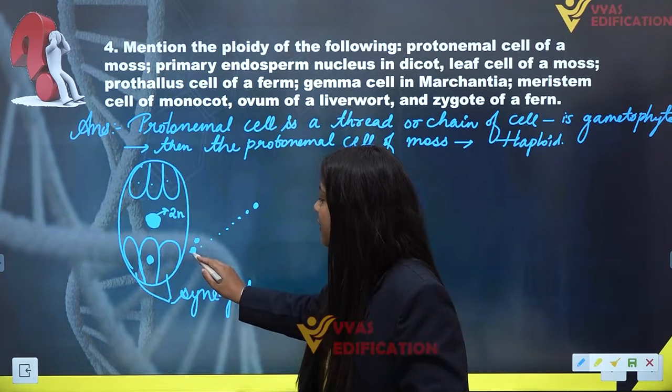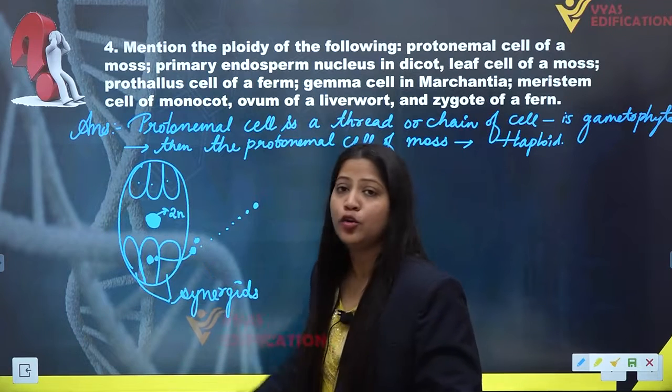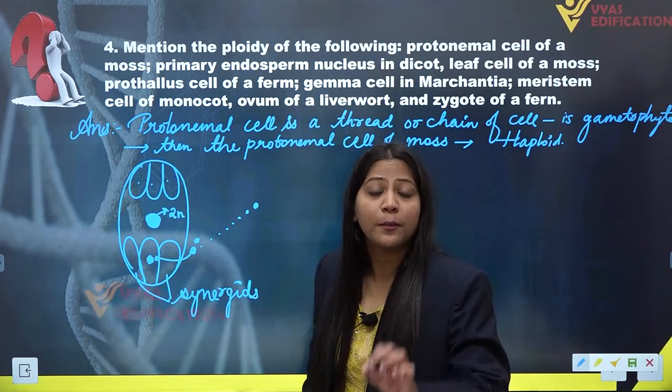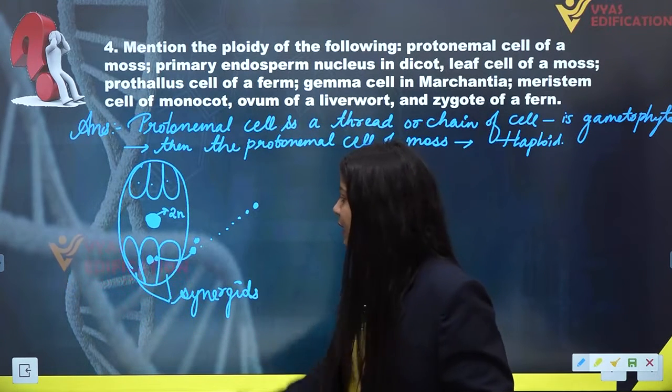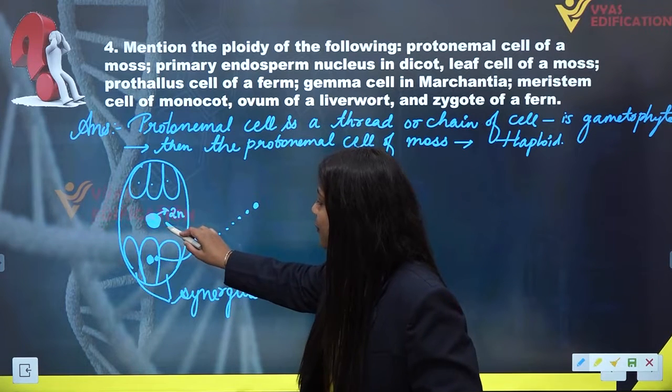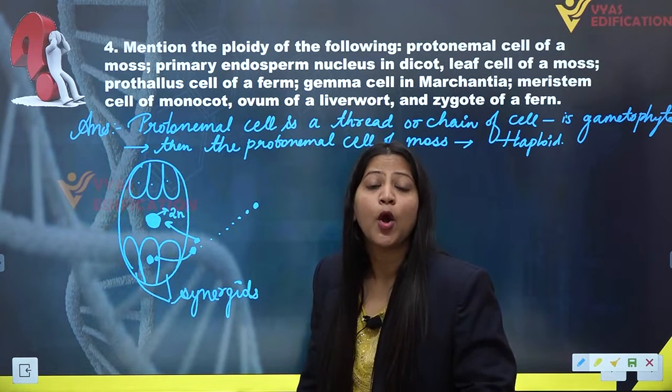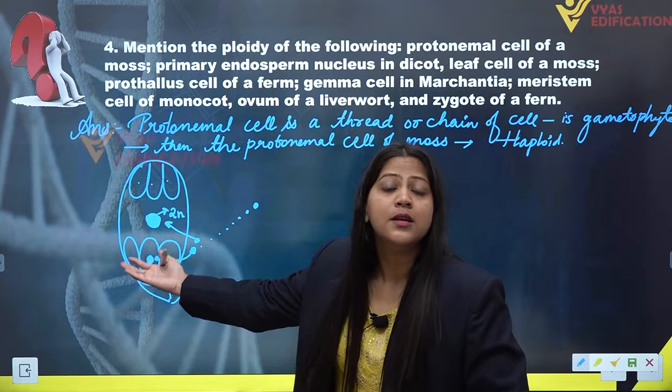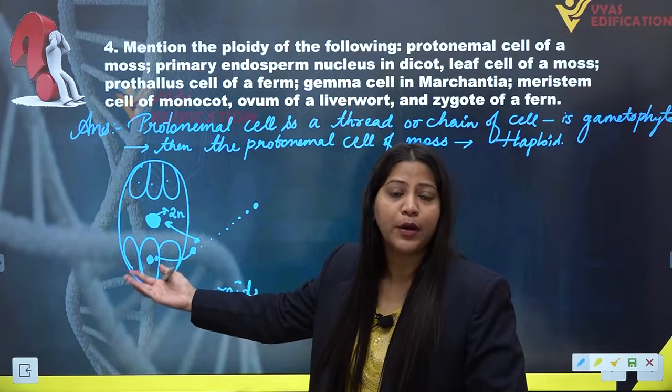One male gamete fuses with the egg cell to form a zygote. The remaining 1 male gamete fuses with the diploid nucleus present in the central cell of the embryo sac.